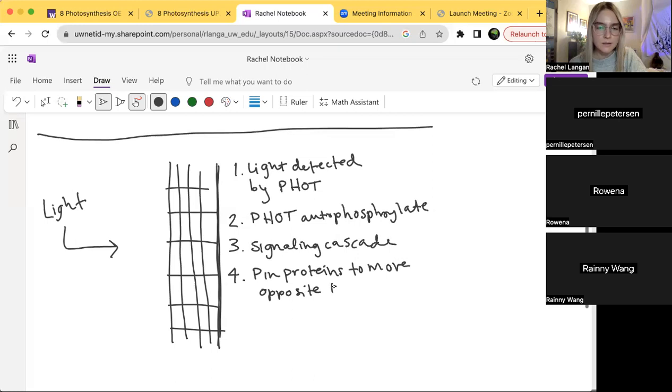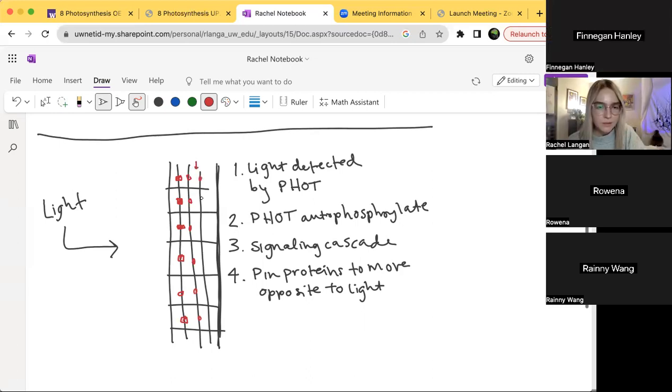PIN proteins are proteins in the membrane that eject auxin. So I'm drawing them moved from being all around, now they're on the side opposite of the light. That'll be true for all of the cells. For that second row, now they've all moved their PIN proteins to the right. This third row, move them all to the right.